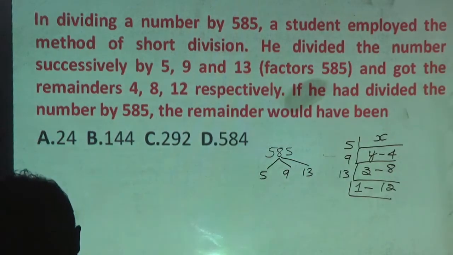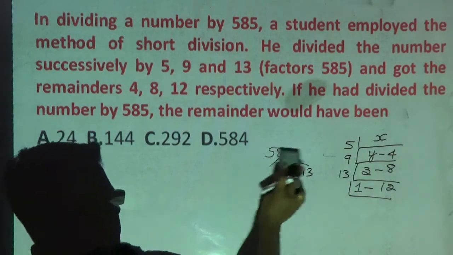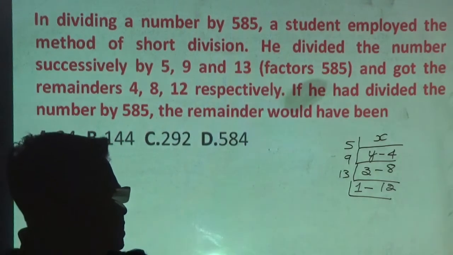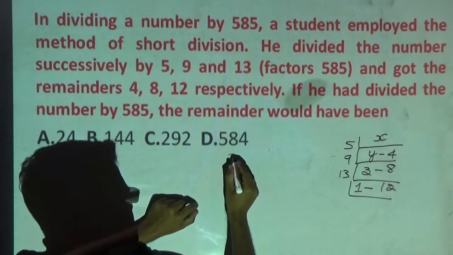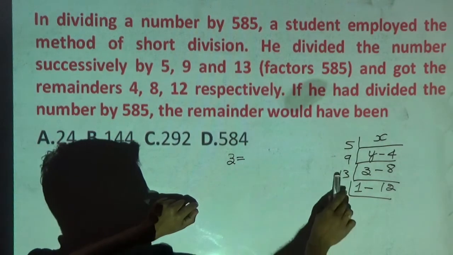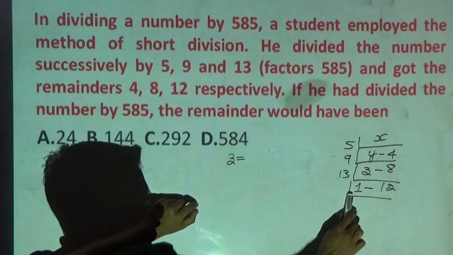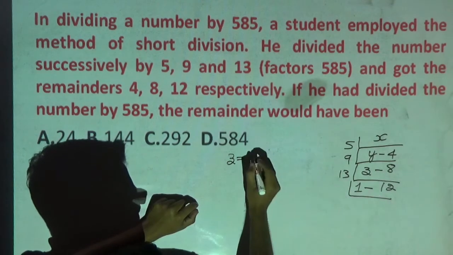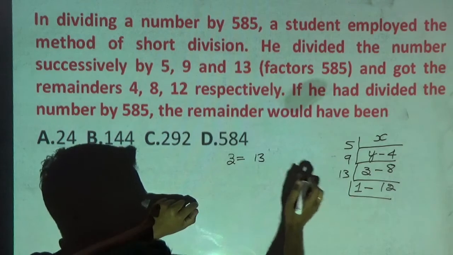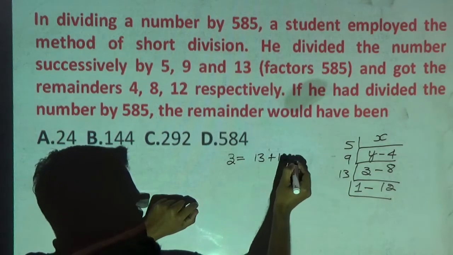Now I need to find out what x is. In order to find x, first let me find z. z is 13 into 1, plus the remainder 12. 13 into 1 is 13, plus 12, so z is 25.